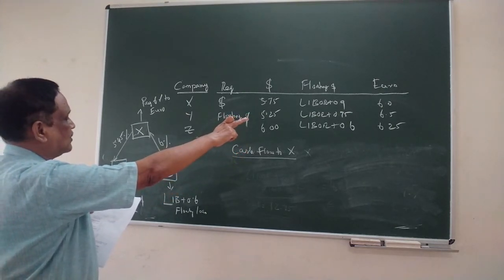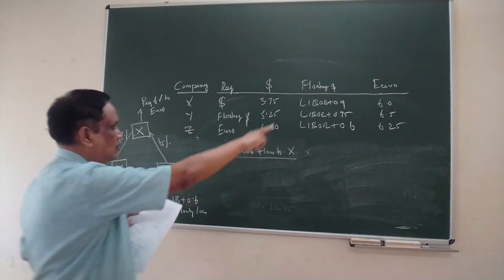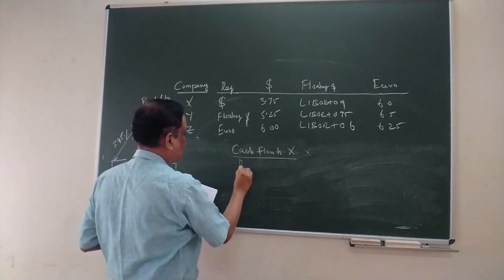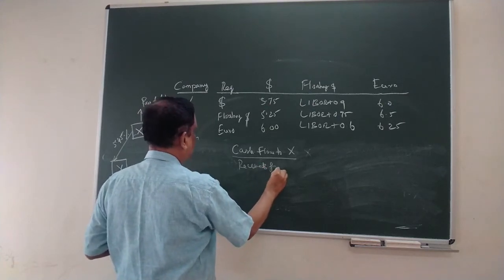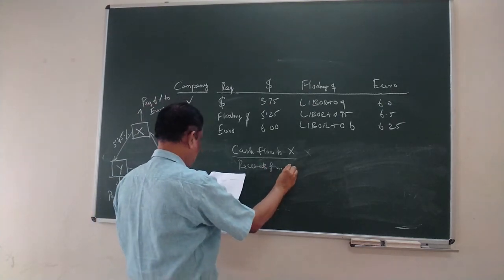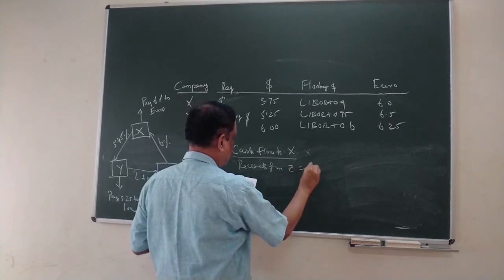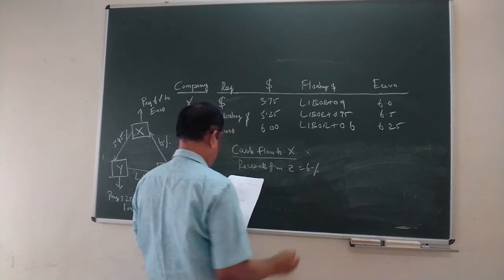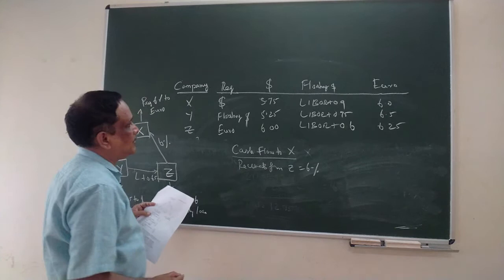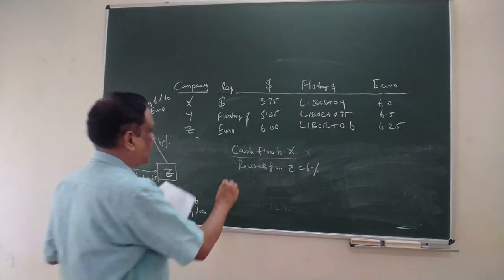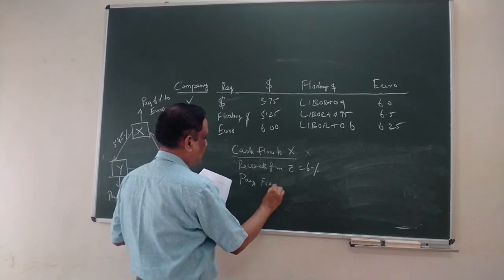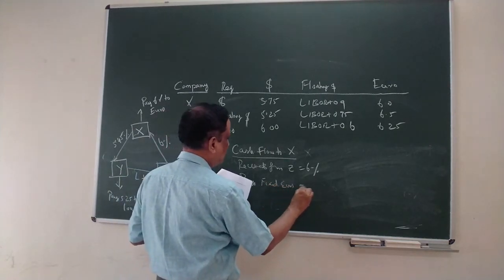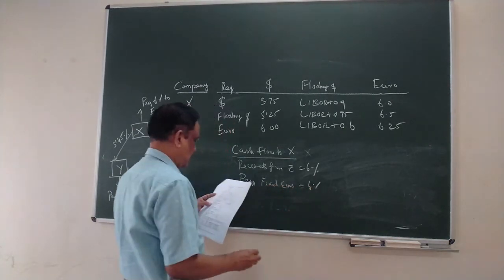That is, they need euro, so they receive 6% from Z and pay the fixed euro loan 6%.